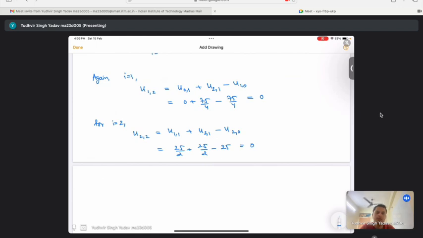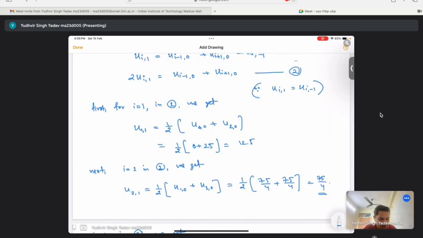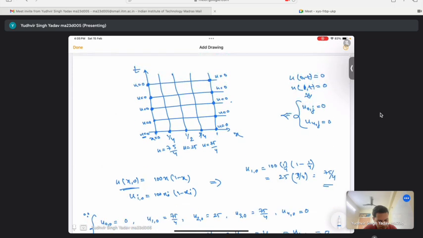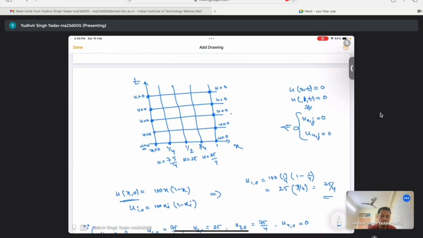Or we can directly say, in this grid, you can simply see that along x equals half we have symmetry: on both the right-hand side and the left-hand side we are obtaining the same value, that is u equals 75 by 4 on either side of x equals half. So due to symmetry, we can also simply speak about the solution that we need.